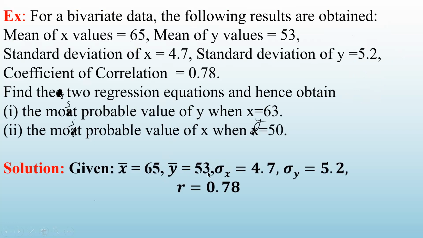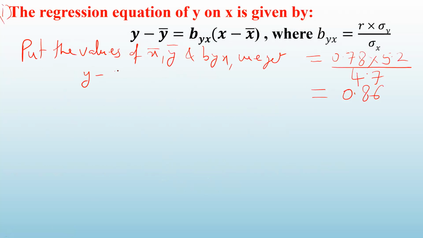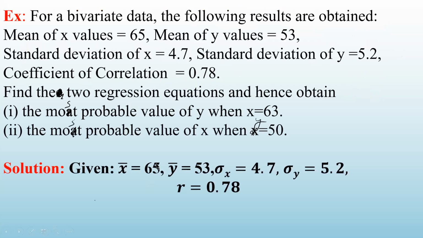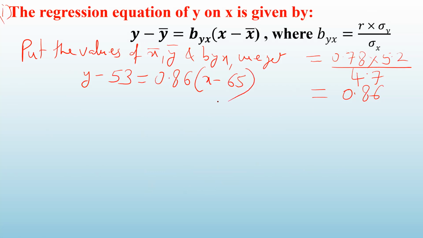Y bar is 53. X bar is 65. So y minus 53 equal to Byx, which is 0.86, into x minus x bar, which is 65. Okay. Now what you have to do?